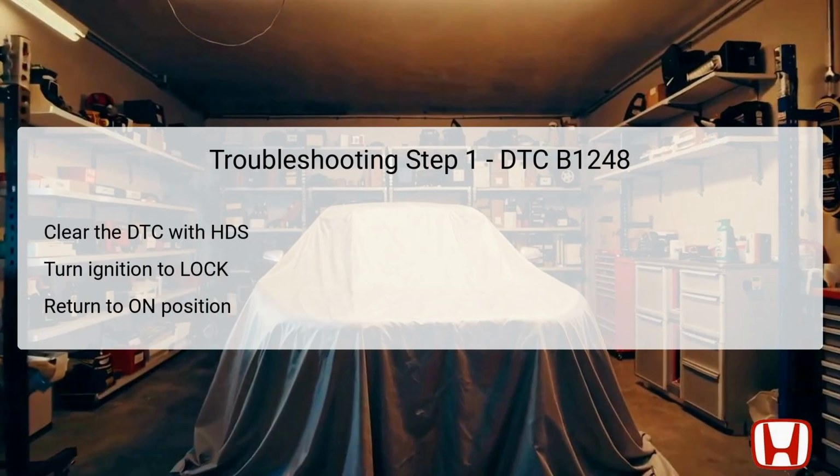This action resets the vehicle's systems, enabling any faults to be re-evaluated accurately. Following this procedure will allow the technician to determine if the issue is persistent or just an intermittent fault. It is crucial to document this step as it serves as the foundation for further diagnostic efforts.